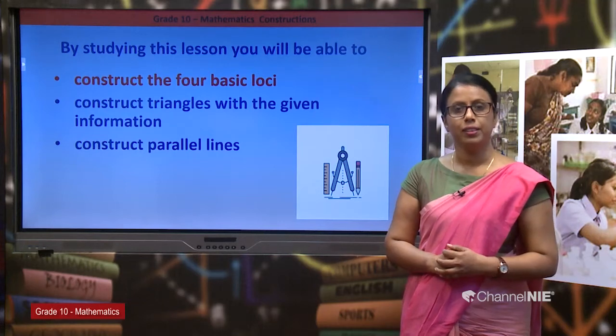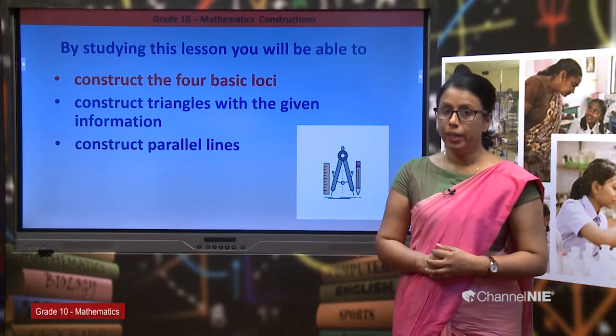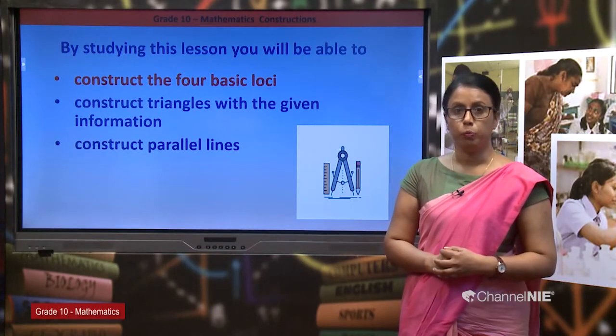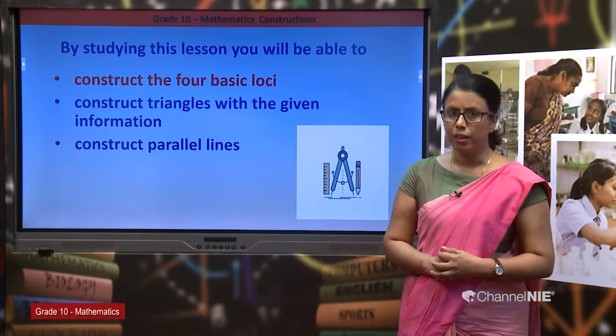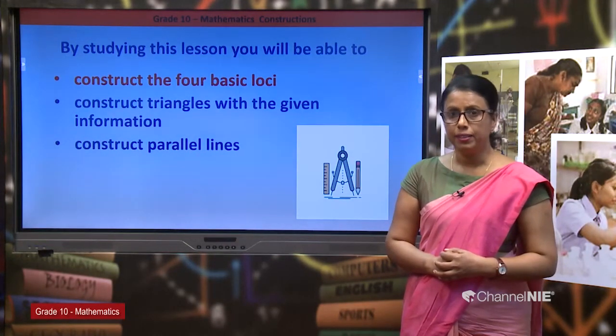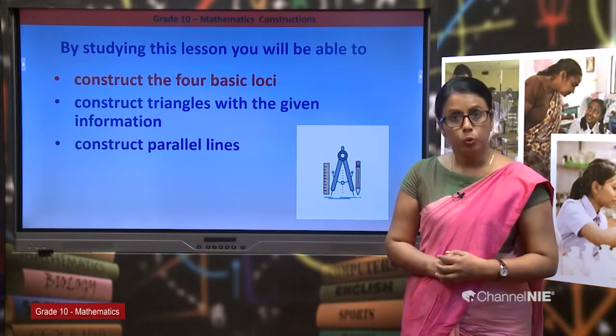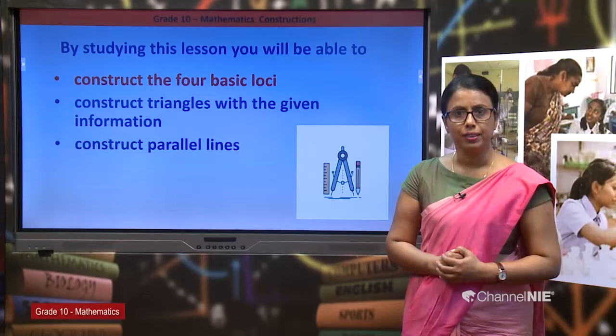We constructed perpendicular bisector. We constructed locus of a point moving equidistant to a line. We constructed parallel lines. Next, we constructed locus of a point moving at an equal distance to intersection of 2 lines. We constructed bisector of the angles.